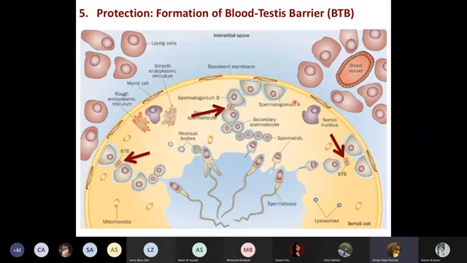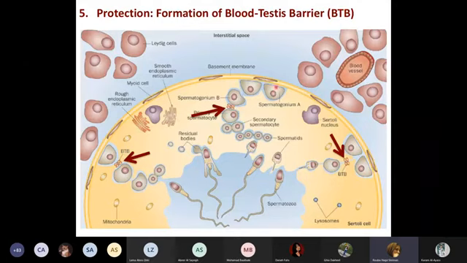Any molecule that is large and hydrophilic cannot pass the membrane to reach this part. And of course, one would think that they can pass between the cells. This is not true, because when they reach the tight junctions, they will be stuck here and will not be able to cross the tight junctions to reach this place.